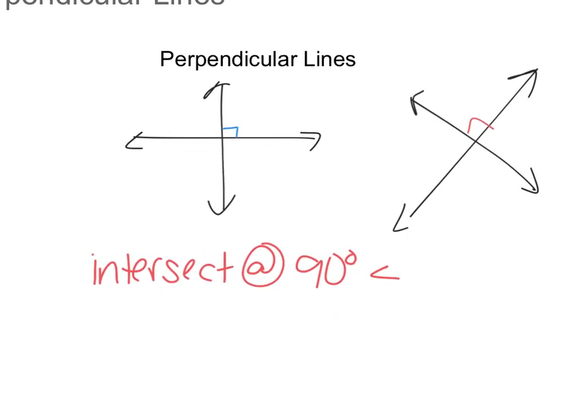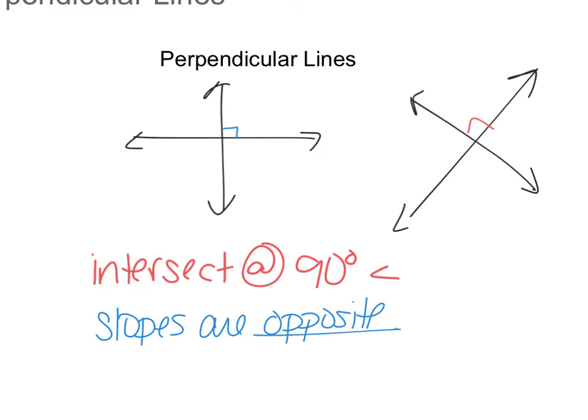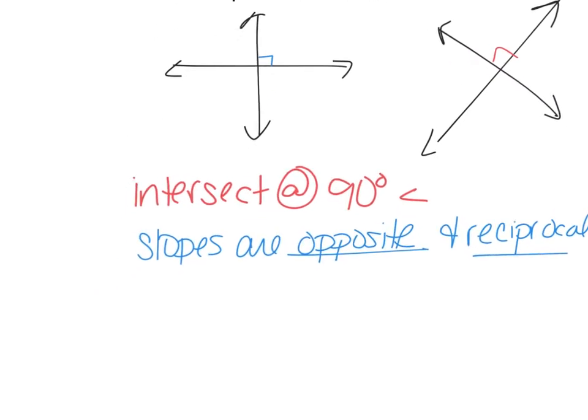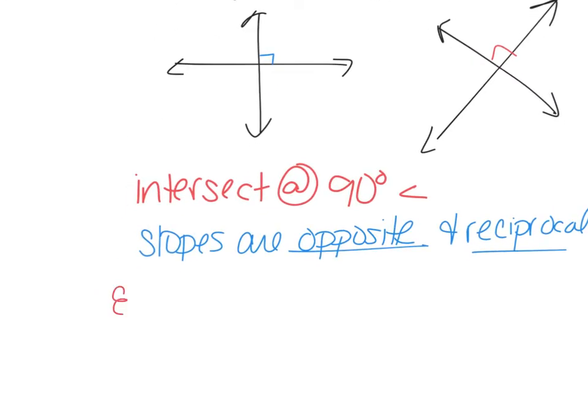And then their slopes, this is the big part, these are kind of a pain. The slopes are opposite and reciprocal. Let me give you an example because I know sometimes people struggle with that.